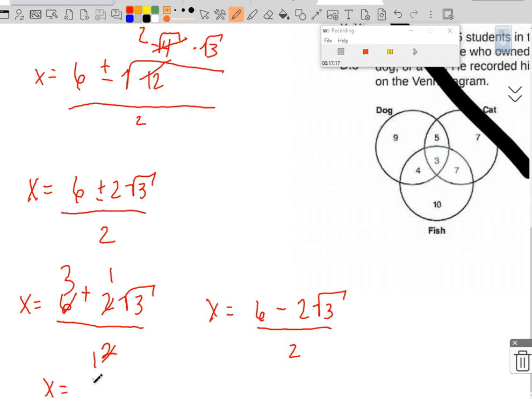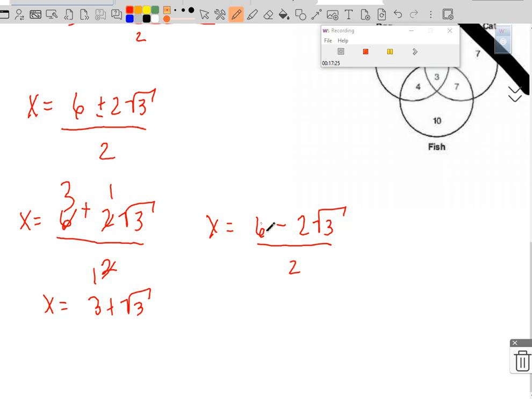So x equals 3 plus the square root of 3 is one of our solutions. Same thing here, even though it's minus. So 6 divided by 2, that would simplify to 3. 2 divided by 2, right, that would simplify to 1. So x equals 3 minus the square root of 3.